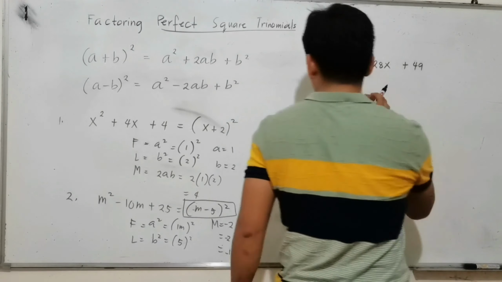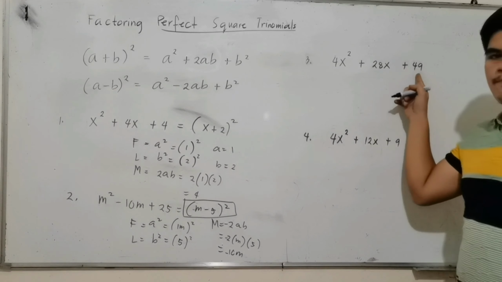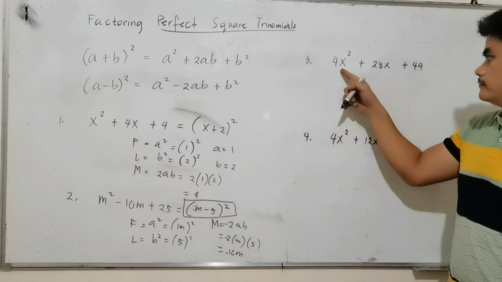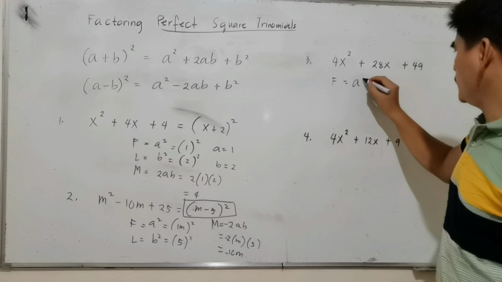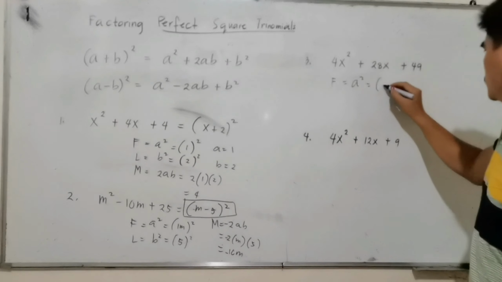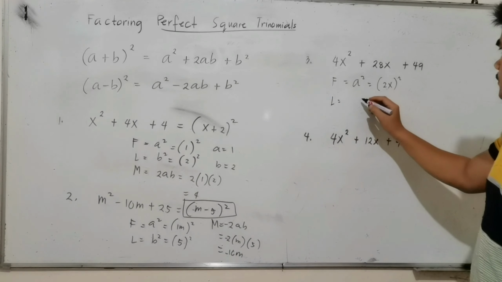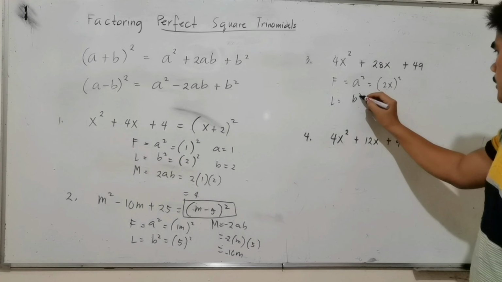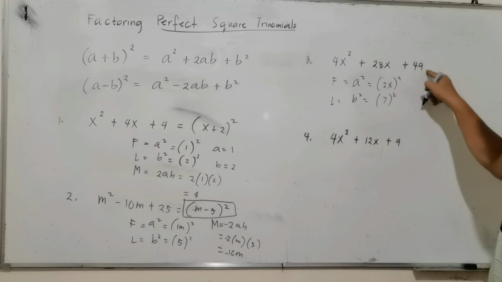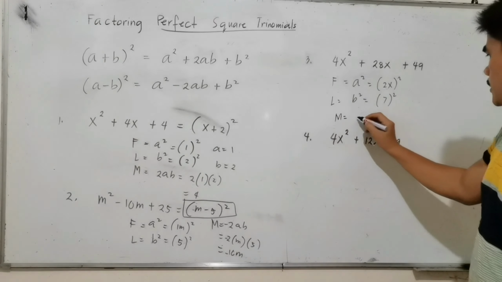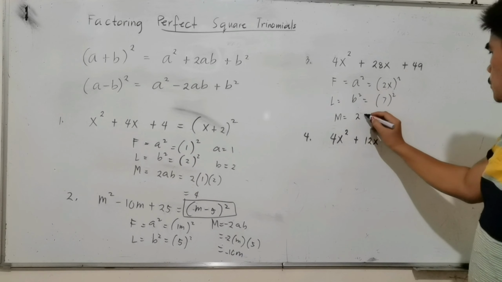How about number 3? 4x squared is a perfect square, and 49 is a perfect square. For 4x squared, the first term will be a squared, so a is 2x, since (2x) squared is 4x squared. The last term is b squared, so 49 is 7 squared, since 7 times 7 is 49. The middle term: all are positive, so it must be positive 2ab.